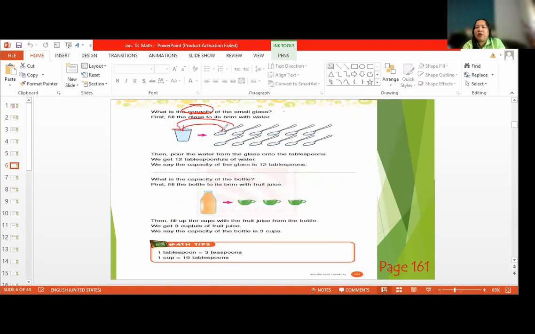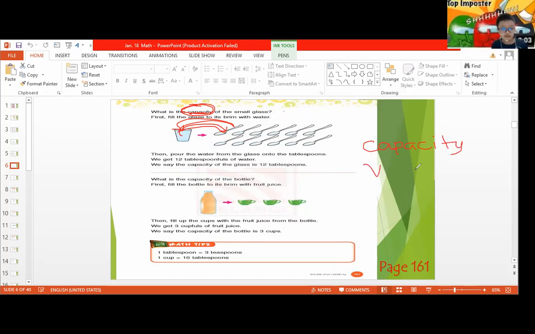What are we going to use? Go outside or go inside for capacity? Go inside. Yes, go inside.